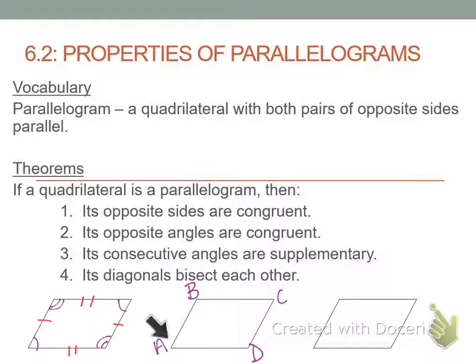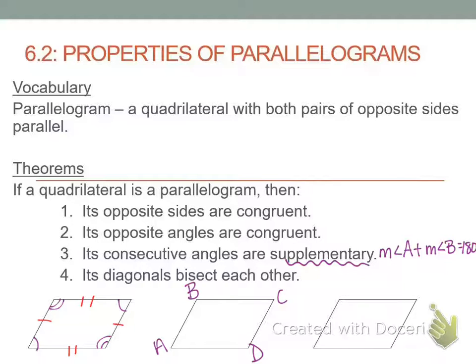So the measure of angle A plus the measure of angle B has to add up to, if it's supplementary, 180. And we could keep making more of those statements the whole way around.